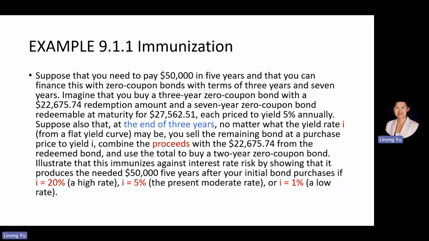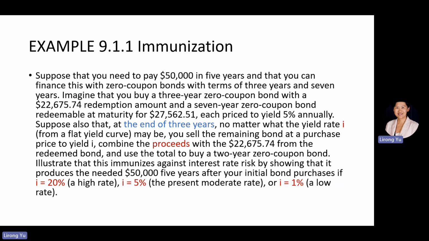So we would reinvest the redeemed value of 22,675.74. We should be able to leave the non-expired 7-year zero coupon bond in there to buy a 2-year zero coupon bond. All right.